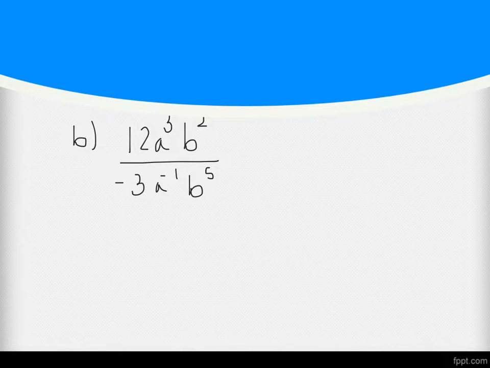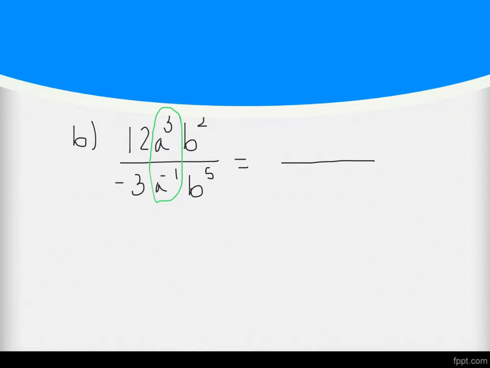In part B, we have this expression and we're asked to simplify it. So we look for any common variables. So I notice I have an a on top and I have an a on bottom. This involves division, so I know that I subtract exponents of like bases.